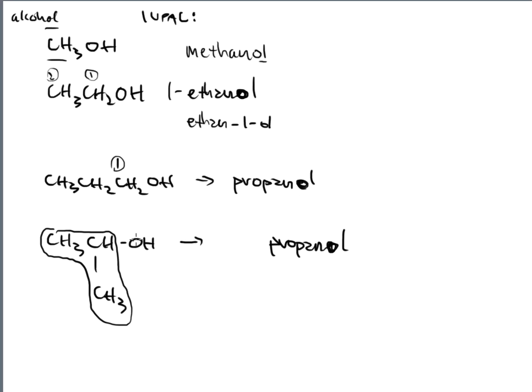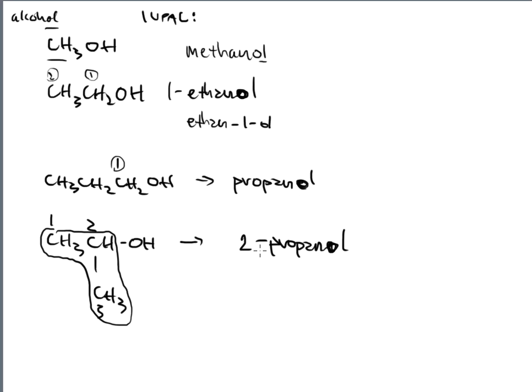But now we have to give this OH group a real true number because it's not on the end. And it doesn't really matter how you number it. You can start from the left and go around and down, or start down and go up and over. Doesn't really matter. You'll get the same number no matter what. So we call this a 2-propanol.